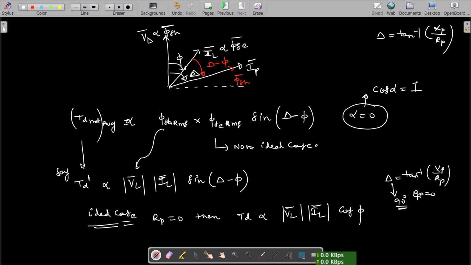So sine of 90 minus phi gives you cos phi. Then the angle between phi sh and VL bar we are going to get as 90 degrees.